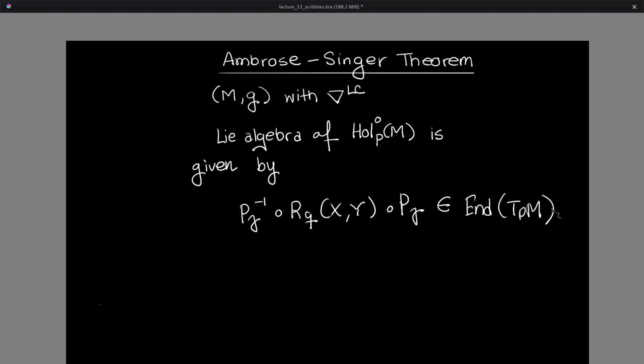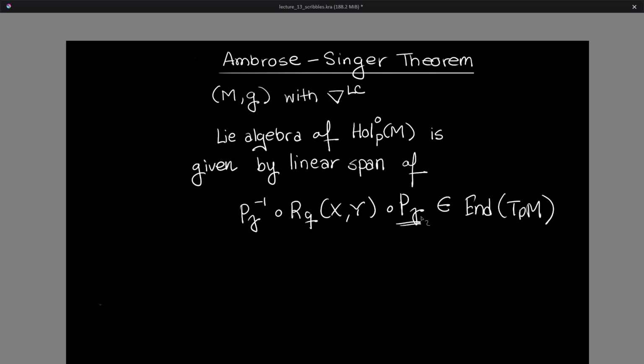So let me unpack that. It's given by the linear span of all these elements. So what does this mean?